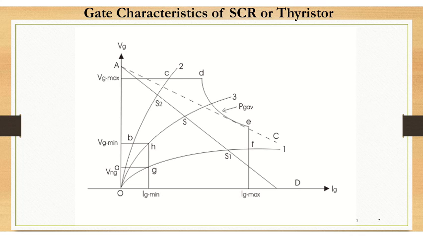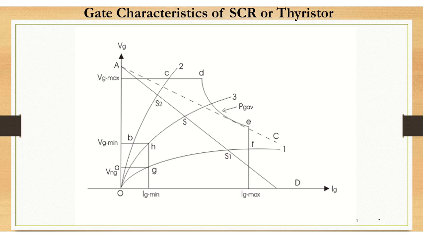Generally, the manufacturer will provide all these specifications, and if the curve falls within the typical characteristic, that is S1 and S2, say I am using one particular SCR with curve 3 and its curve is cutting the load line at S, then this is the safest operating point of that particular SCR.